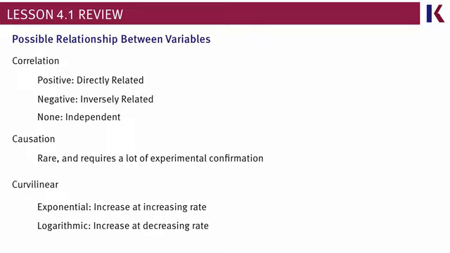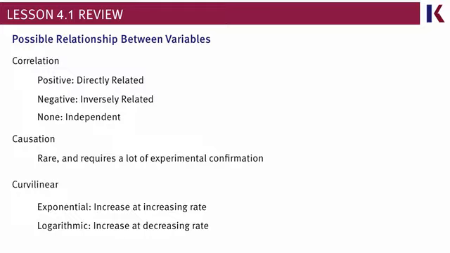Finally, the MCAT will frequently ask you about the relationships between variables as they're represented within a passage, chart, table, or graph, and this means identifying the correlations that exist between variables. Correlations can be described as positive, where as one variable increases, the other also increases, or negative, where as one variable increases, the other decreases.